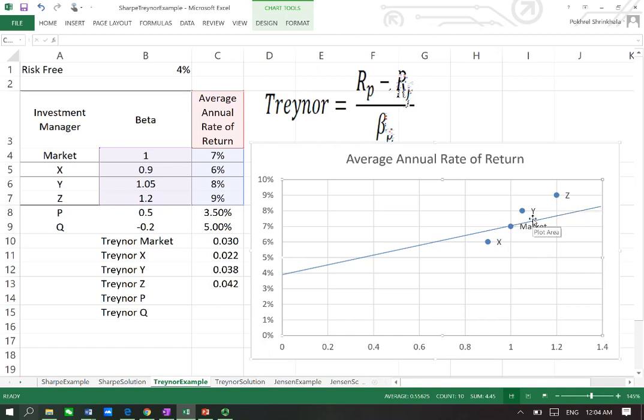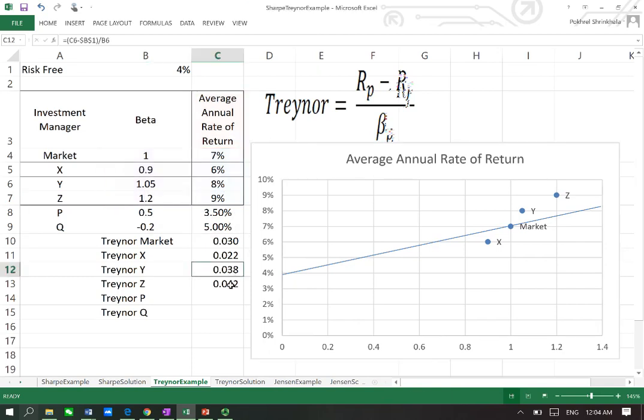In contrast, Y and Z beat the market portfolio, and manager Z, by a small margin, has performed better than manager Y. Both of their portfolios are above the SML line.